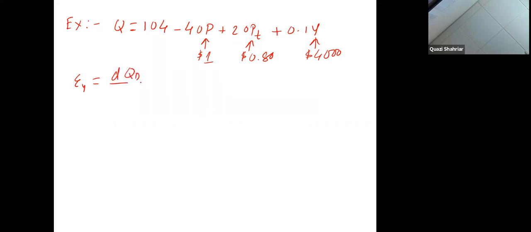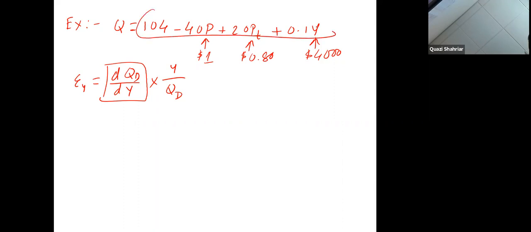So, differentiation of quantity demanded with respect to income multiplied by income over quantity demanded. The first part, the differentiation of the quantity demanded with respect to income, will be given by differentiating this demand function with respect to income.